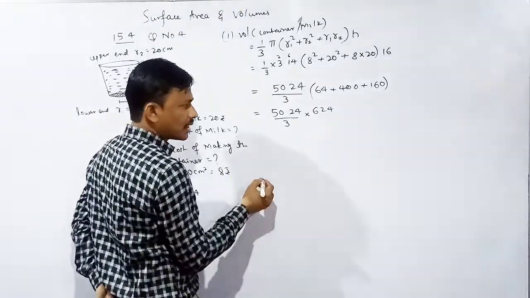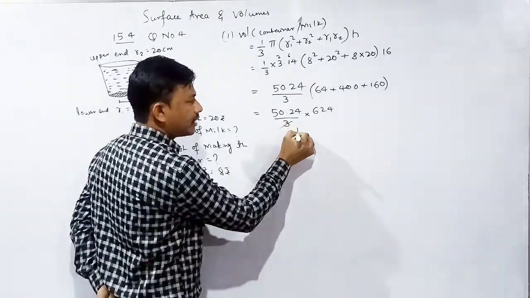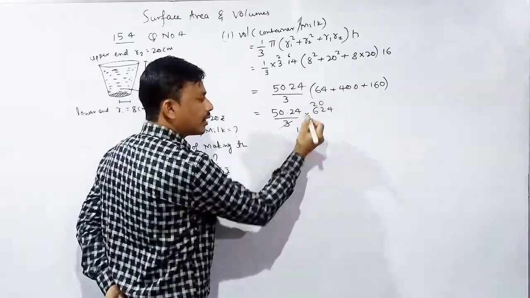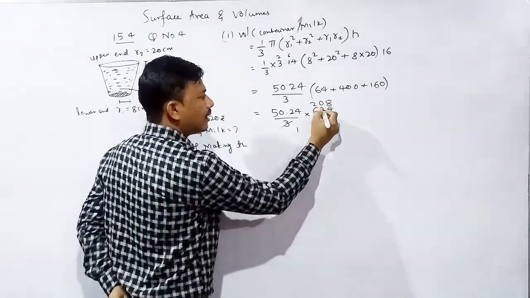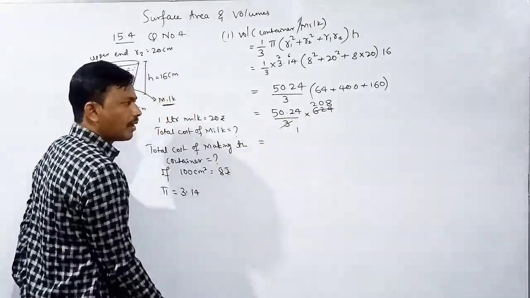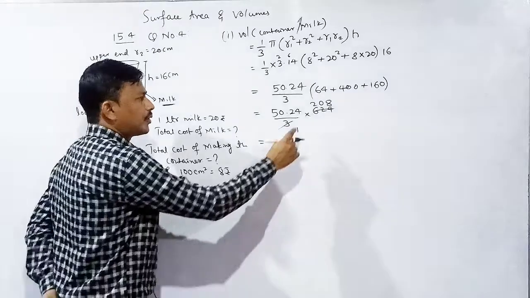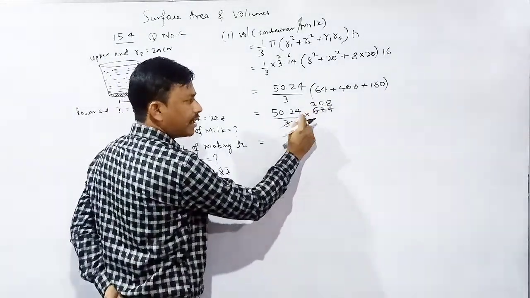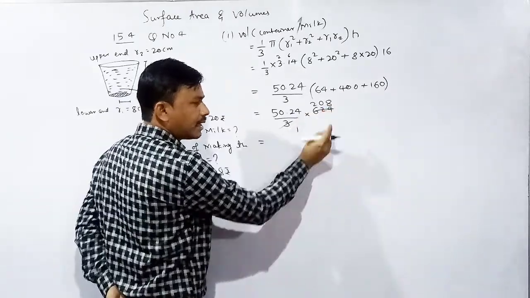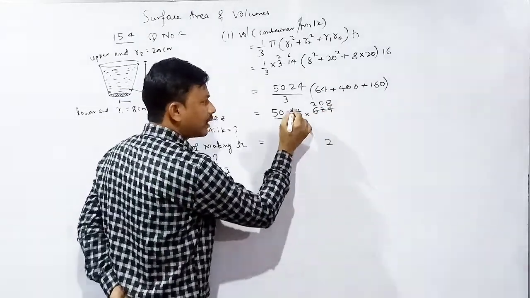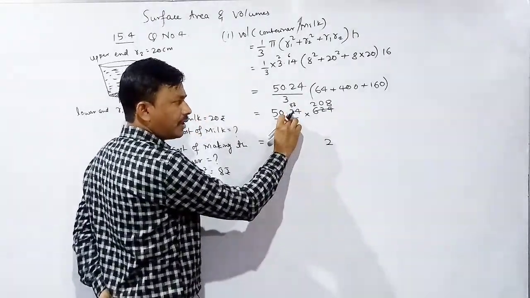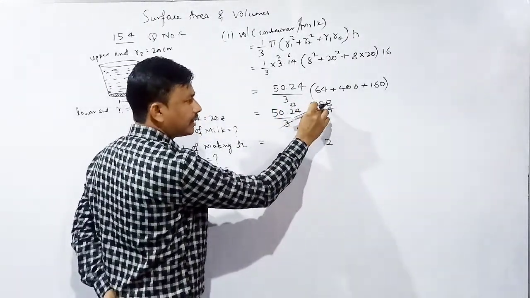This is equal to, does it cancel? Okay, 3 1s are 3, 3 8s are 24. Okay, multiply 208 into 5024. 208 means 20. 2 4s are 8, 80, 800. 4 8s are 32, 832 carry 83. 2 2s are 4, 400, 483.